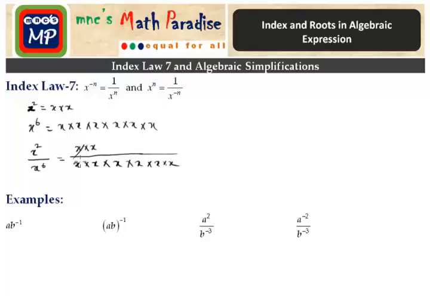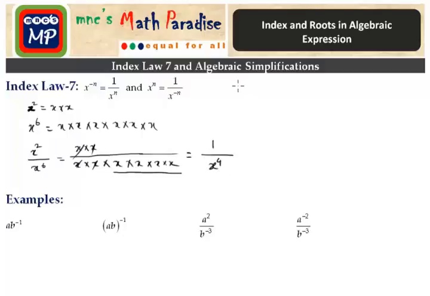So now if we cancel 2 x's, then at the numerator we will get only 1, and at the denominator we got 4 x's multiplied, and we know 4 x's multiplied means x to the power 4. That means x square division x to the power 6 equals 1 by x to the power 4.